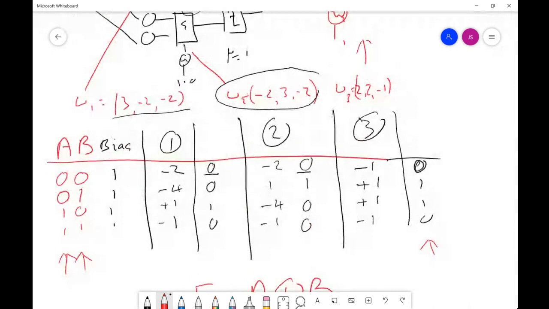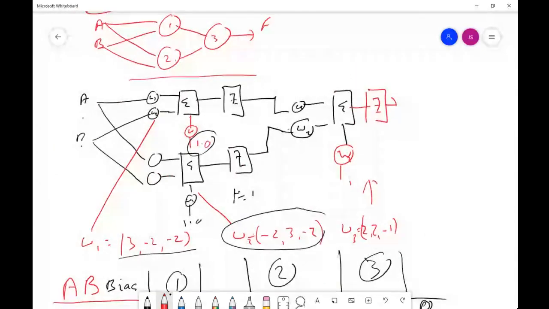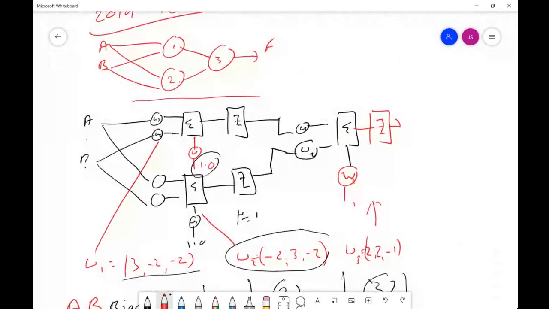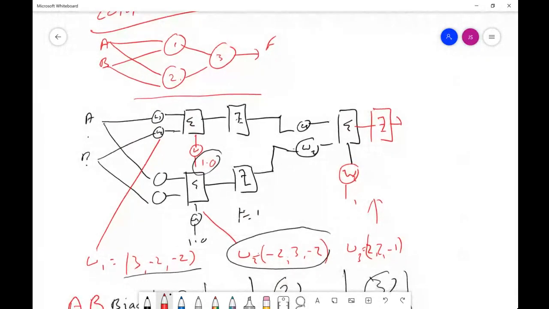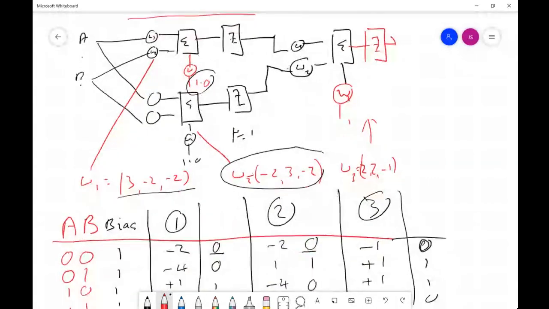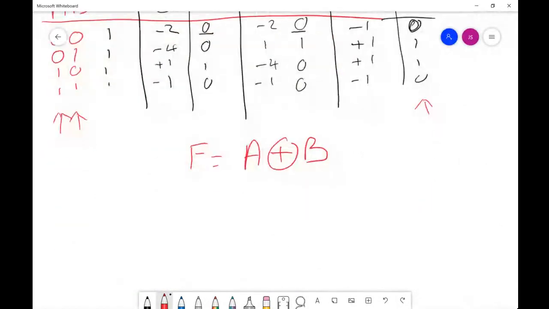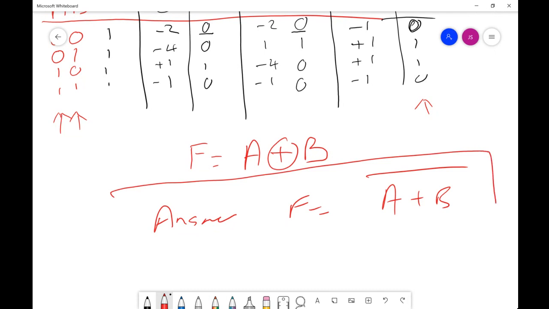In this last question I've been through, I'm working out the function of what the multi-layer perceptron is doing, and you're told to find out the logic function. If somebody had made a stab at it and said the function is F equals A NOR B, and just submitted that as an answer, clearly you will get no marks at all because it's a guess.